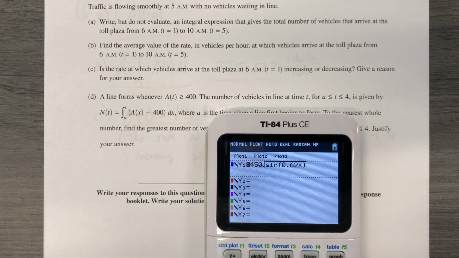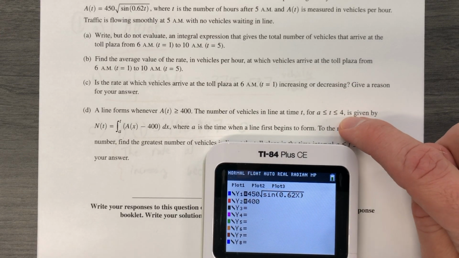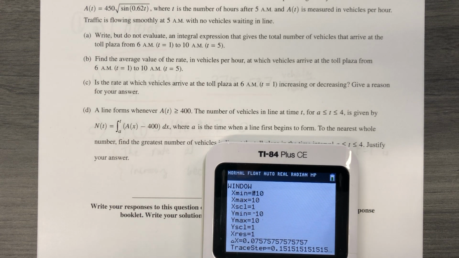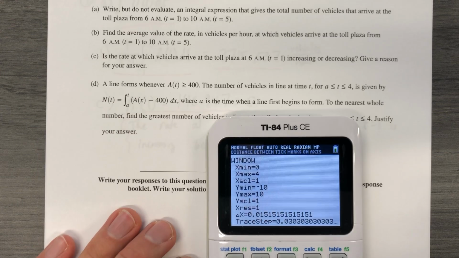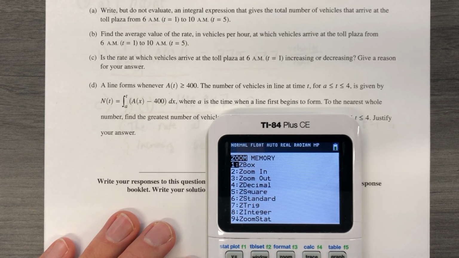So there's our function. I'm also going to graph the line 400, and we're going to go from somewhere to 4. Let's go from 0 to 4. That's a really good idea. So window from 0 to 4. Okay, what I'm going to do is rely on the calculator to graph this and graph it in a way that it will adjust automatically what I need to see. So once you have your x's set from 0 to 4, zoom 0.